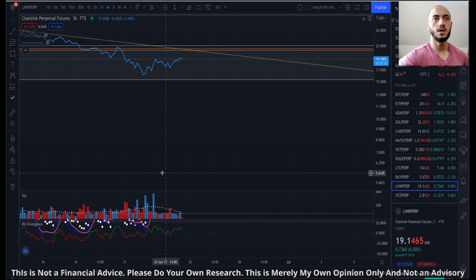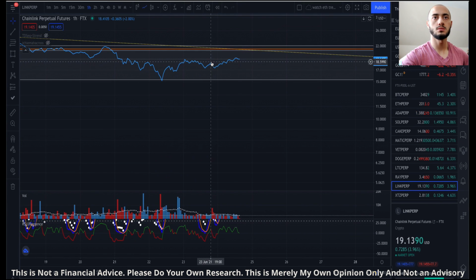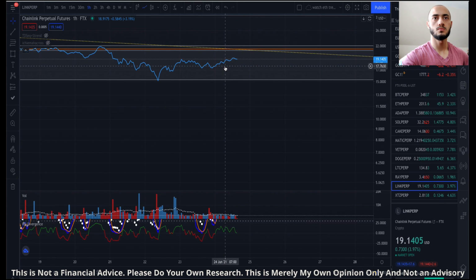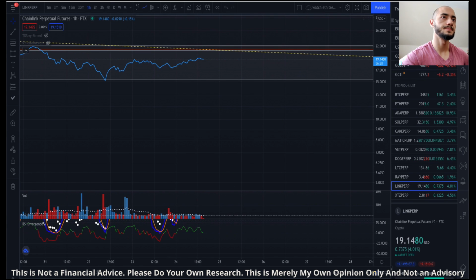On the 3-hour right there, there was a bullish divergence here that already played. From this point to this point, bullish divergence up and down already played, and it's prepared for a bearish divergence.